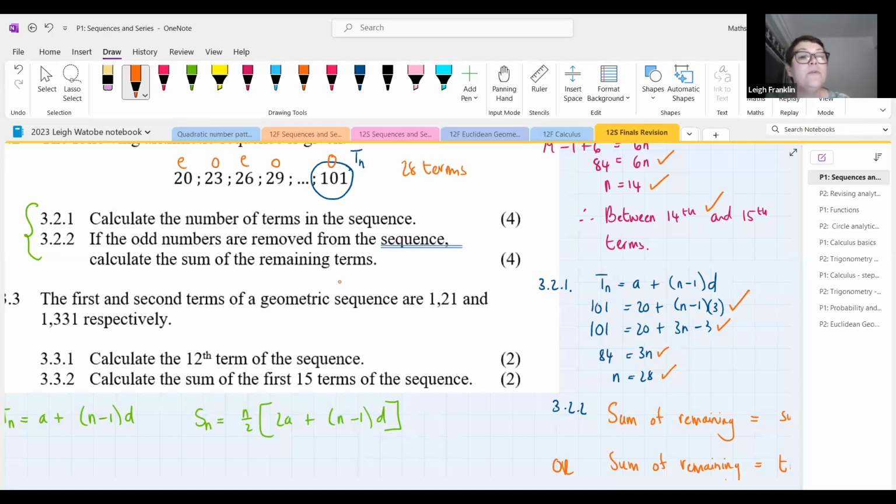If you started with an even number and you ended with an odd number, then it's safe to say that there are the same number of even and odd numbers in this pattern. So 14 of them, because the number prior to this 101 would have been an even number, isn't it? It would have been 3 less than 101. It would have been 98. Okay, so there are going to be 14 even terms, and there are going to be 14 odd terms.